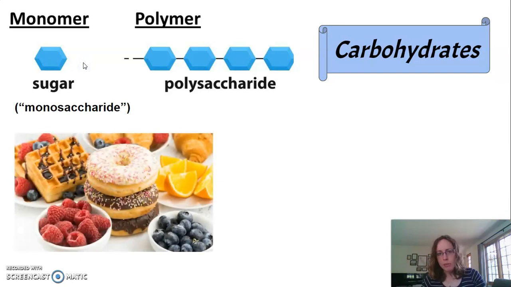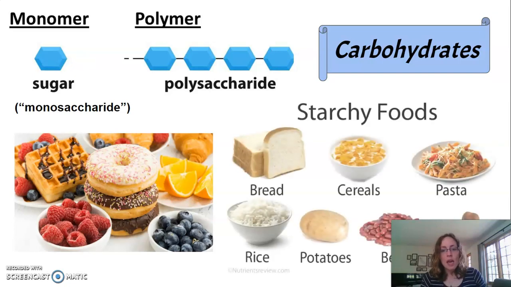So you guys, I'm sure, know that sugar shows up in sweet foods like desserts and fruits and all those kinds of things. The main polysaccharide we're going to talk about here is starch, which is what you would find in potatoes and grains like rice and wheat, and so starch shows up in things like cereal and bread and pasta.